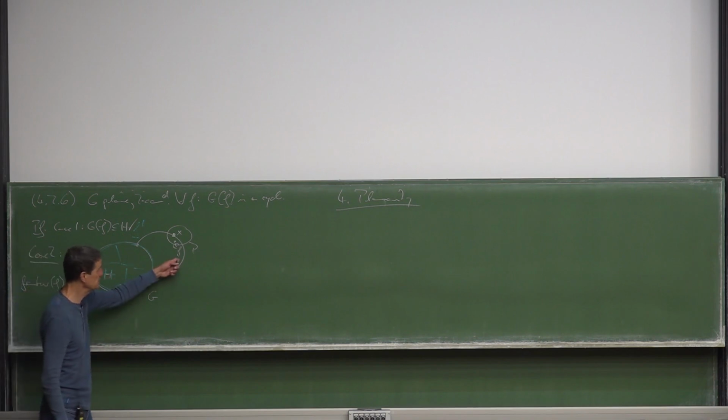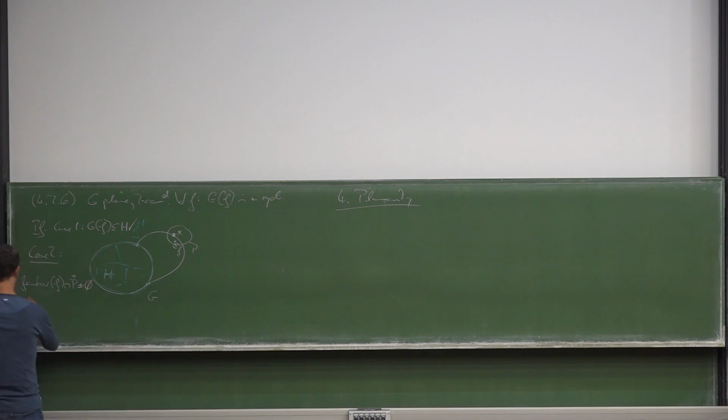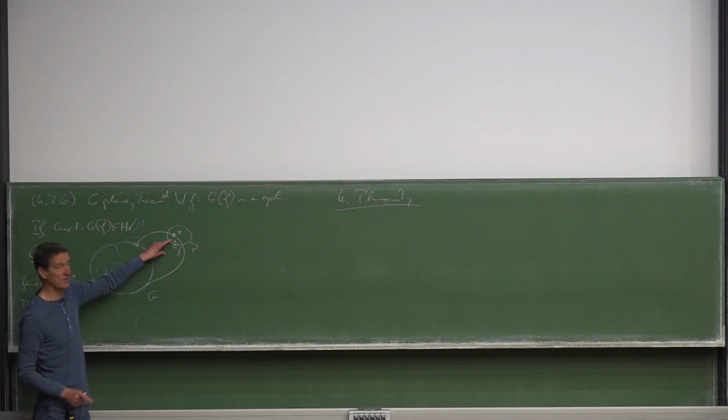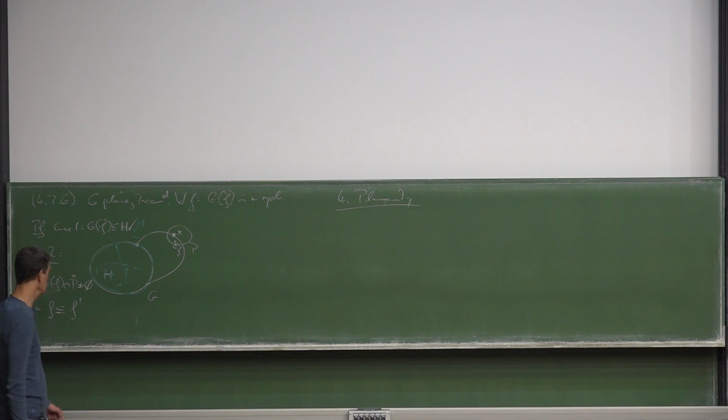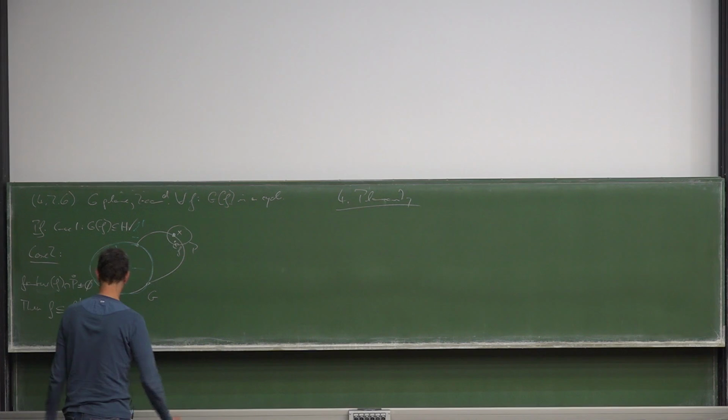So f lies in some face of H, and that face must be f prime, because it meets f prime as I've just shown. And so the faces of H are all disjoint equivalence classes. So f is contained in f prime.